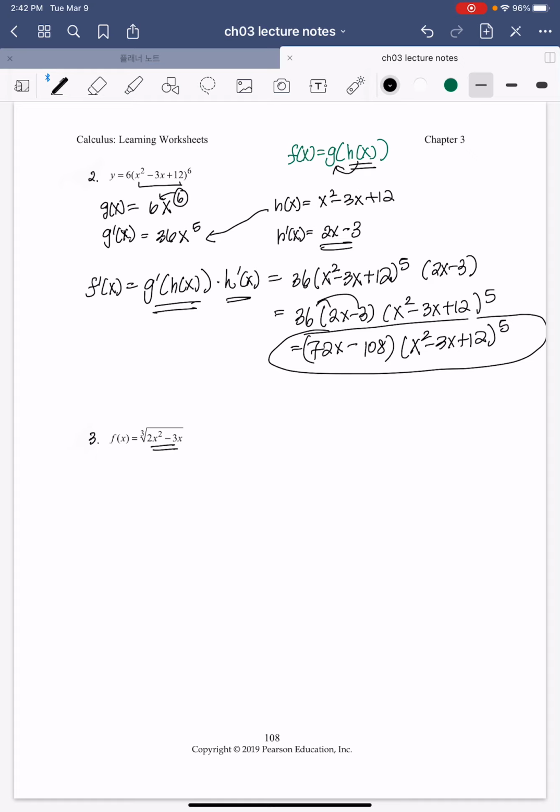I like to always identify what my inner function is. 2x squared minus 3x got put into the cube root function. You can also rewrite the cube root as x raised to the 1/3. We like rewriting the root as a power so we can apply the power rule. So that's the first step: rewrite f of x as g of h of x. Okay.